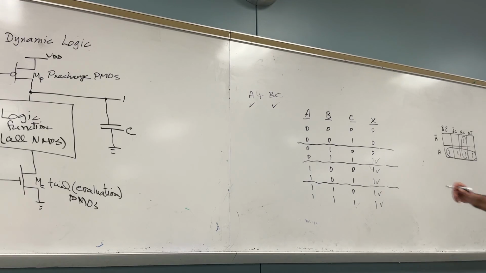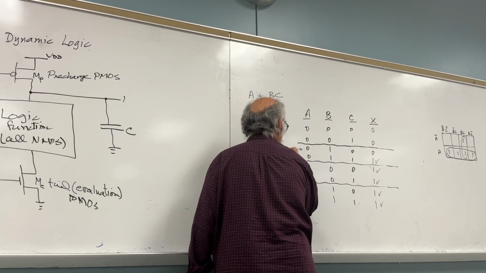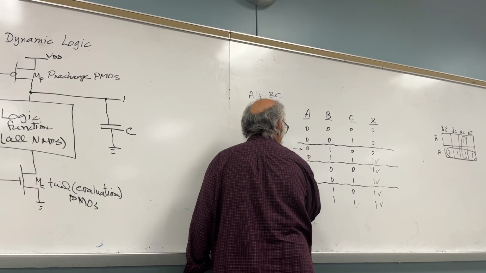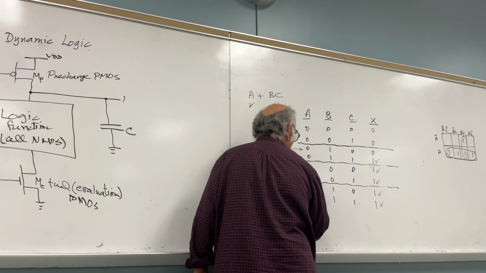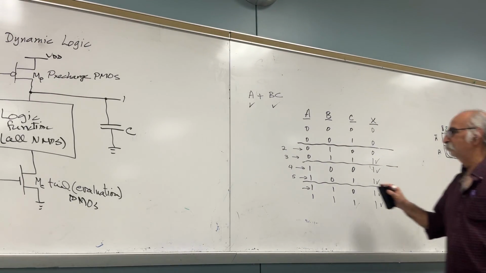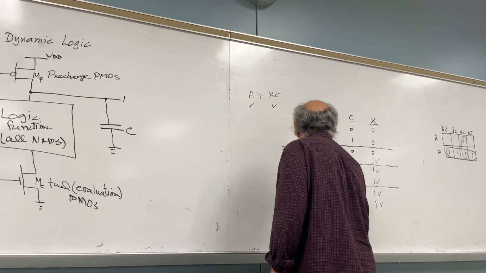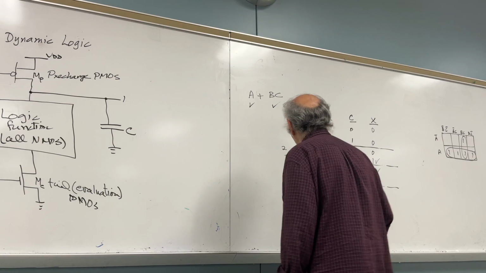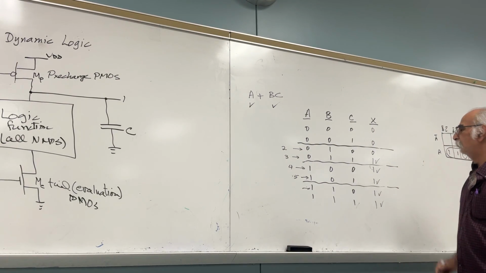So any one of these input combinations, which is equivalent to 3, 4, 5, 6, 7.